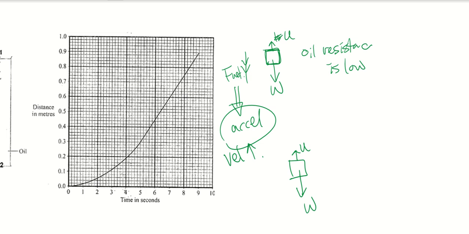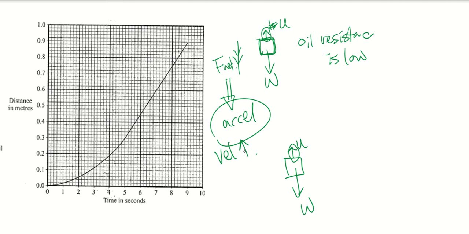I try to make it a slightly longer arrow, so you can see the difference, although it's not very obvious. So now I will still have F net, but the F net will be lesser than previous. So maybe I call this F net 1 and this second case F net 2. So F net 1 is more than F net 2.